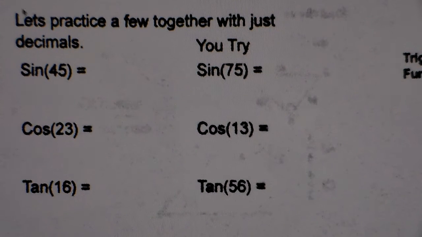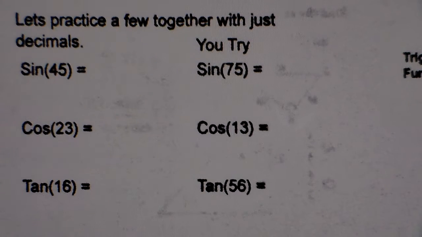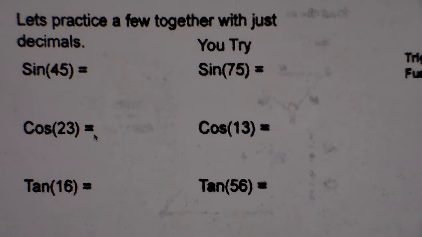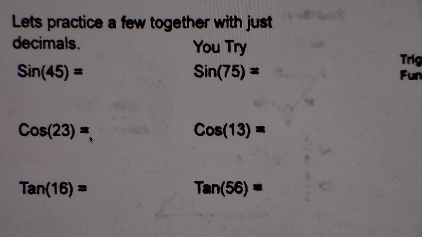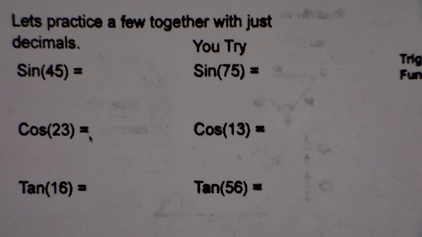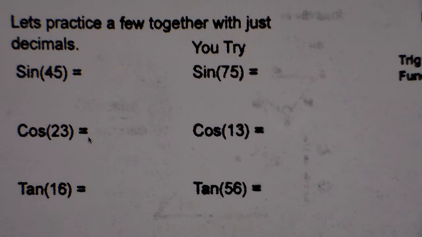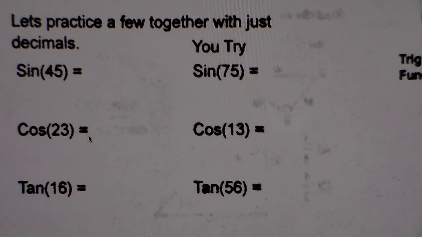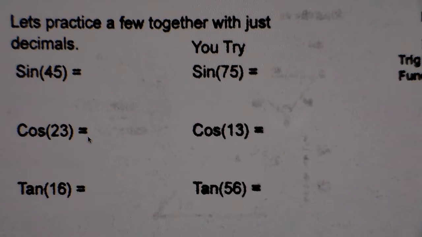Then we type in cosine of 23, and we get 0.9205. Tangent of 16. We type in tangent, 16, close parentheses, and we get 0.2867 dot dot dot.